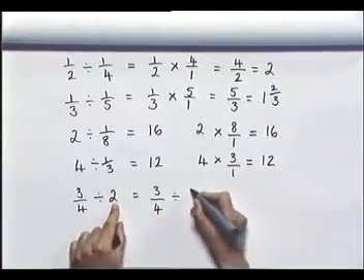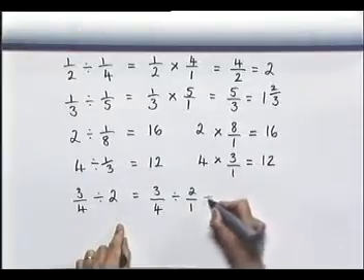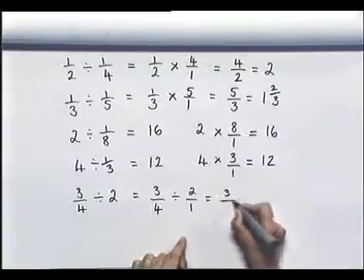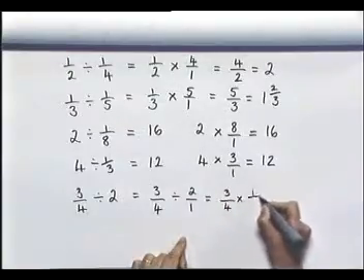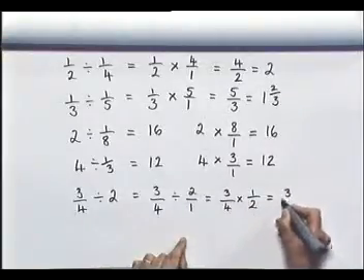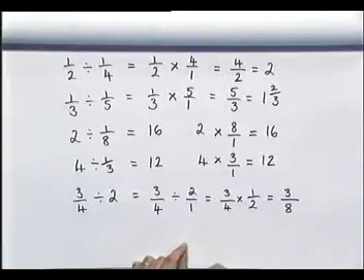We can write the whole one as a fraction, so it's 2 over 1. To divide, we turn the divisor upside down and we multiply. So we have 3 times 1 is 3, over 2 fours are 8. So we have an answer of 3/8.